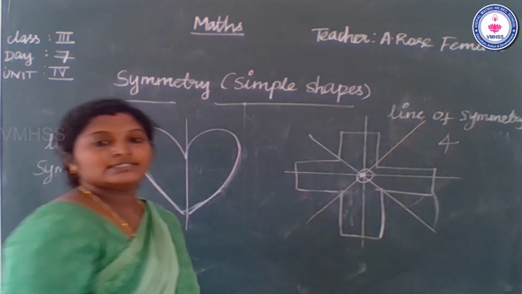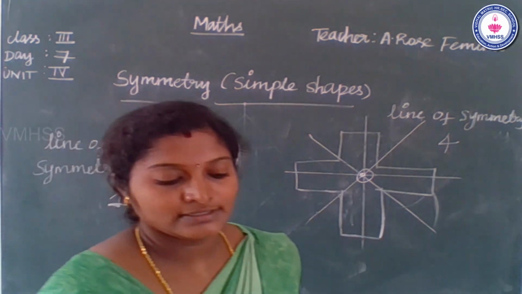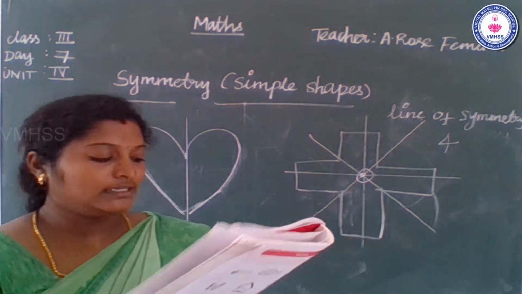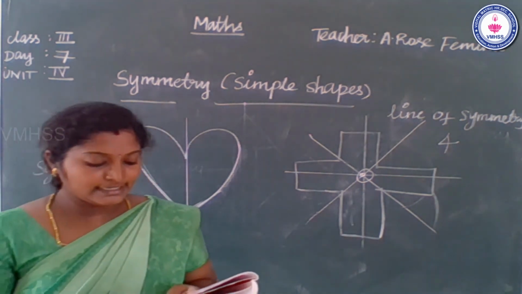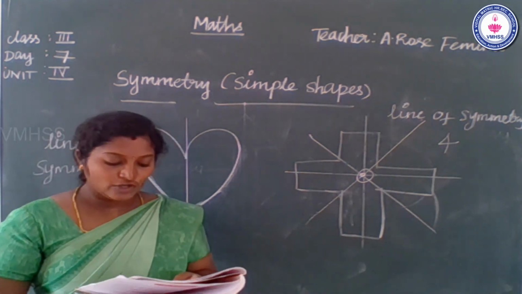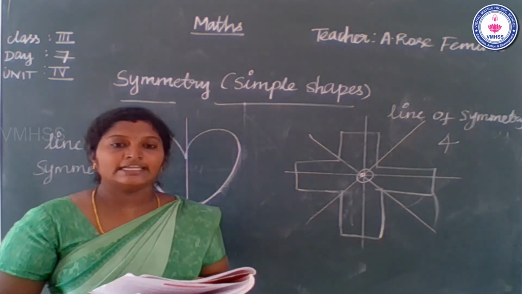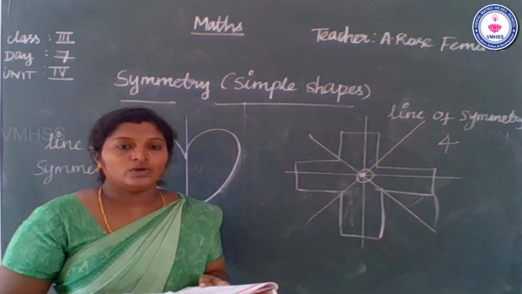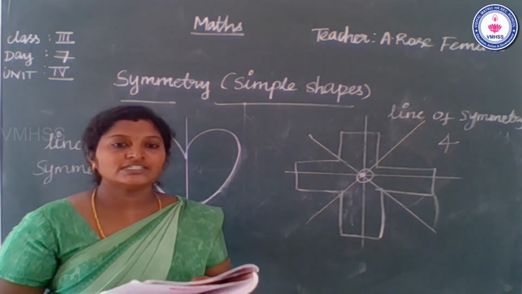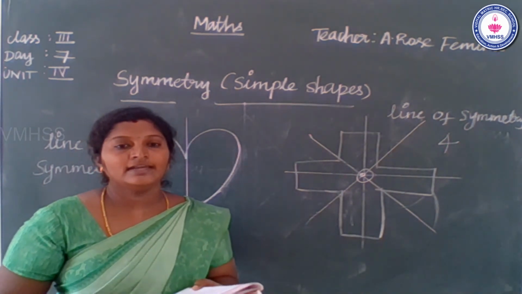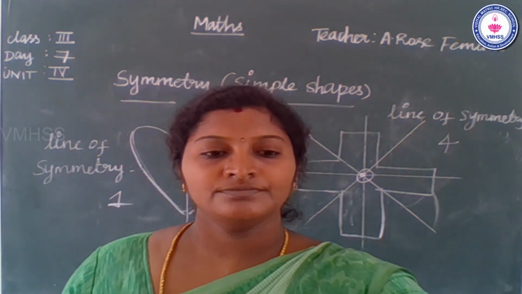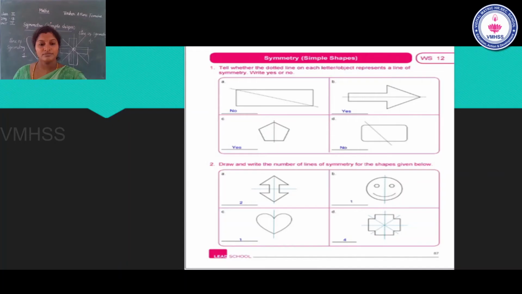Okay, ma? So write fast, students. So first one is the arrow mark. Draw and write the number of lines of symmetry for the shapes given below. Okay. So first one is 2. See the slide also. Okay.